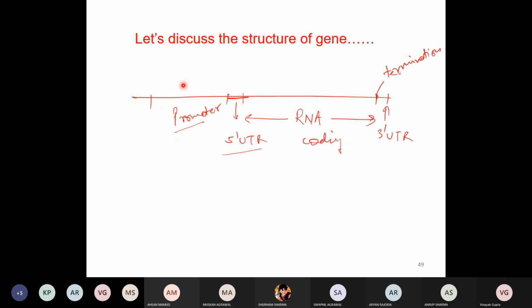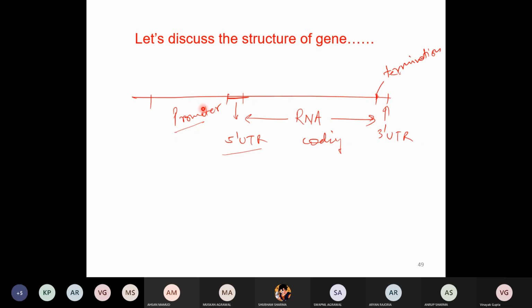If mutations are in the promoter region, 5 prime UTR or 3 prime UTR, all those terms we have discussed so far, like missense mutation and silent mutation, are applicable only to the RNA coding region.